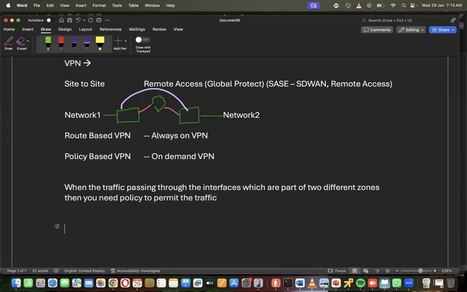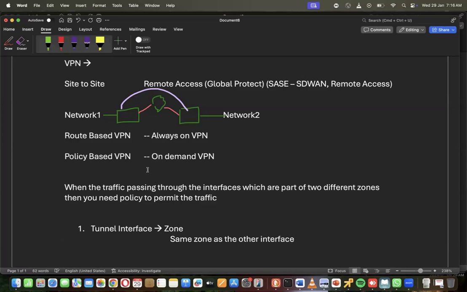All right. Now, to work with this route-based VPN, you need to have something called a tunnel interface. The tunnel interface is supposed to be associated to a zone. You don't have a choice. Now, I have the choice of associating this tunnel interface to the same zone as the other interface.